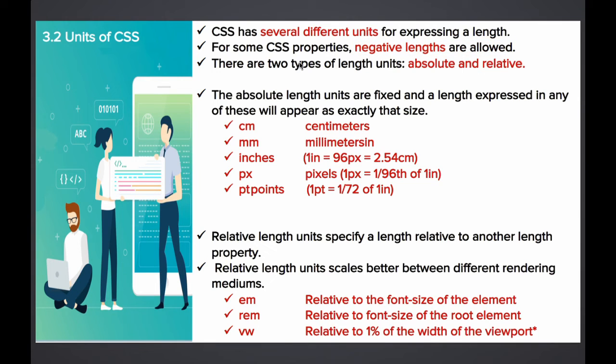In CSS, there are two types of length units: absolute and relative. The absolute length units are fixed, and a length expressed in any of these will appear in exactly the same size. This is a very important statement.